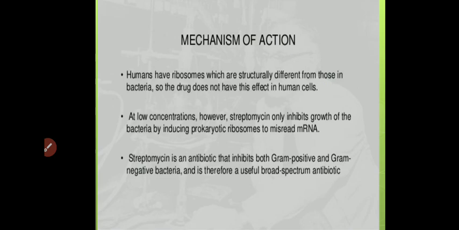At low concentration, streptomycin only inhibits the growth of bacteria by inducing prokaryotic ribosomes to misread the mRNA. So it acts only on the prokaryotic cell and not on the eukaryotic cell.